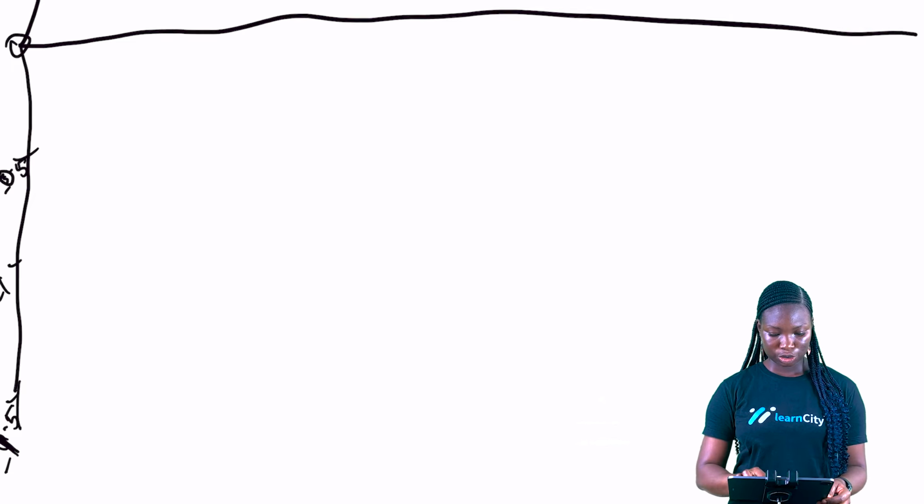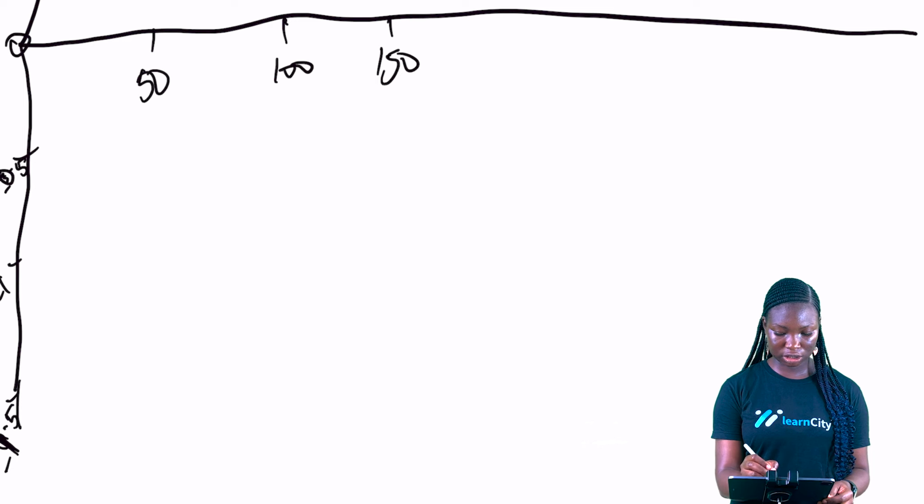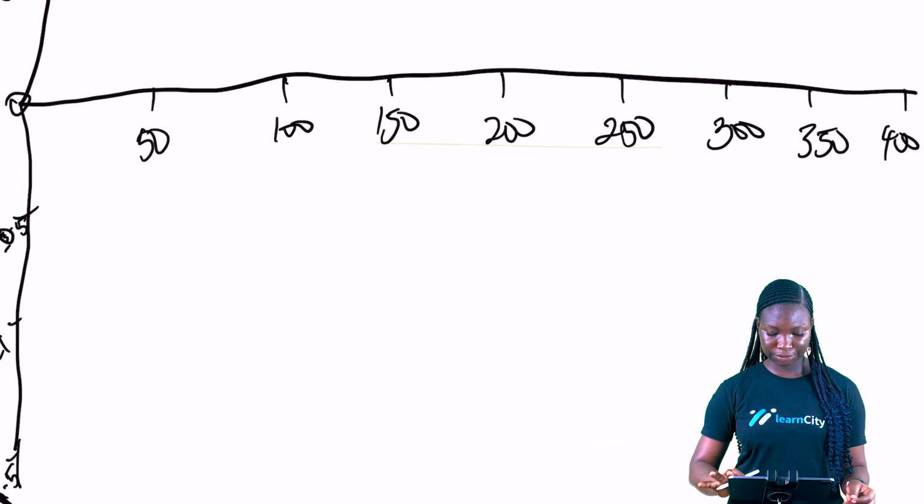On the x-axis we can have 50, 100, 150, 200, 250, 300, 350, and 400.